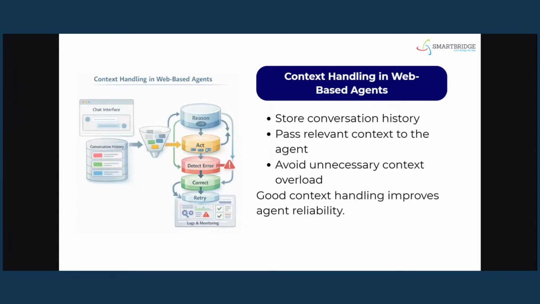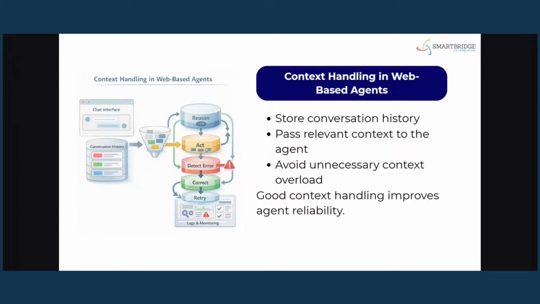The challenge is deciding how much context is sent to the agent at any given point. Sending everything can slow the system down and increase cost, meaning the processing time. Sending too little can make the agent feel disconnected. Good context handling involves selecting what is relevant for the current interaction.